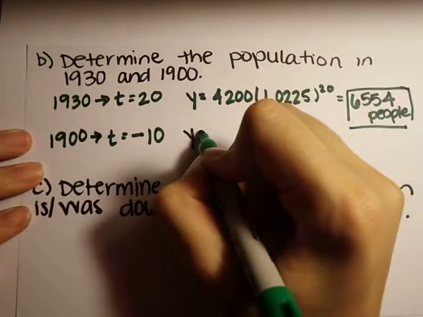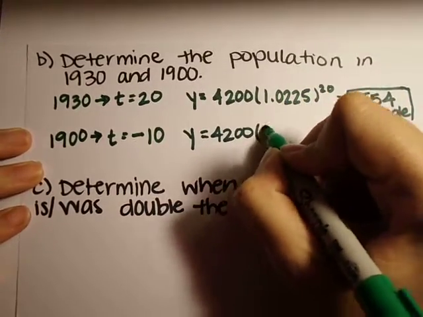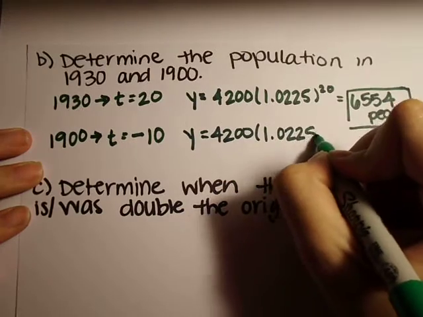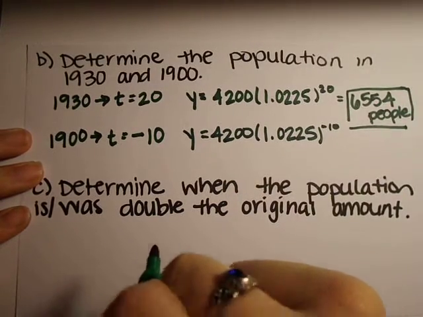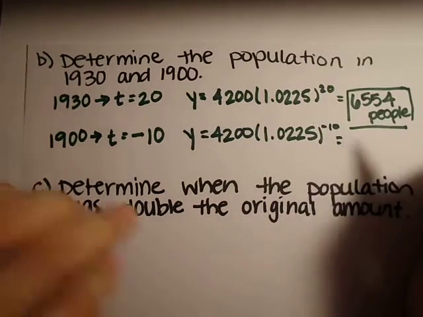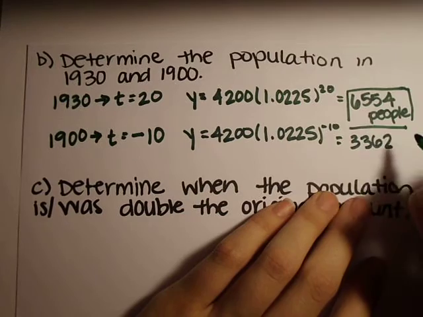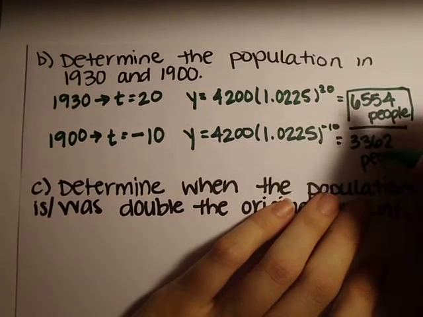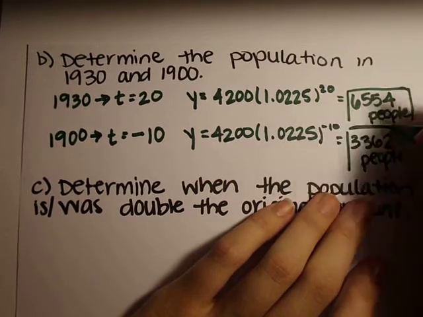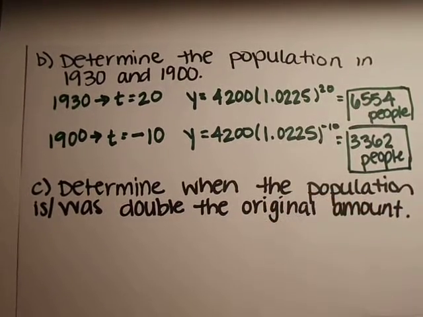Now, if I wanted to see what happened in 1900, I can use the same equation, except this time I want to know what happened 10 years before my start. So I plug in negative 10, and you'll find out that you had 3,362 people, which makes sense because it's less than what you started with, and the population was growing.